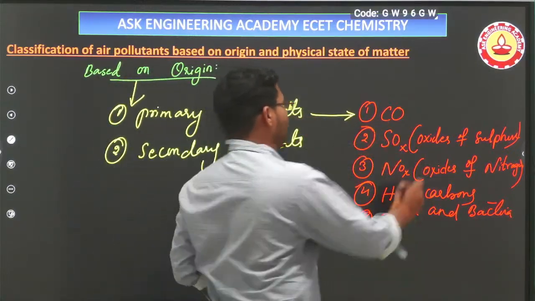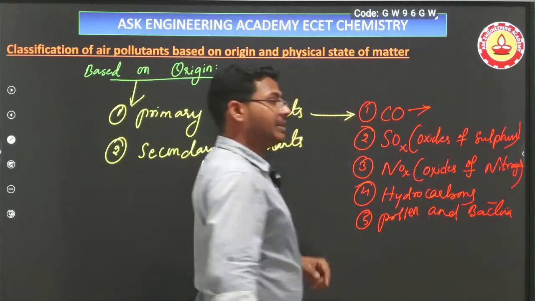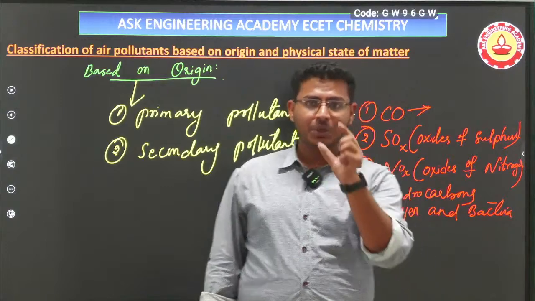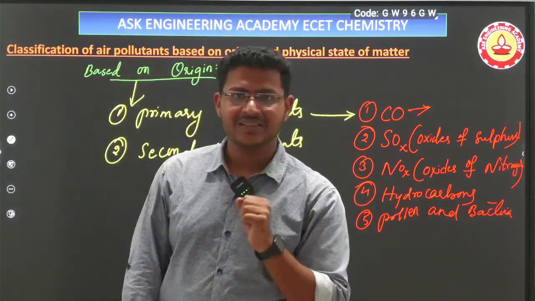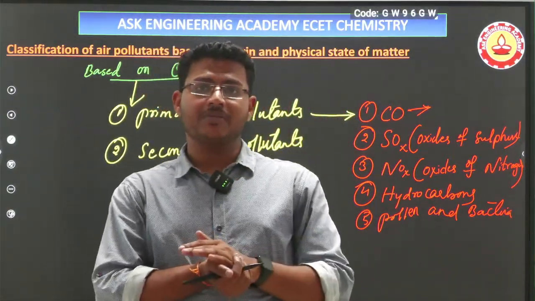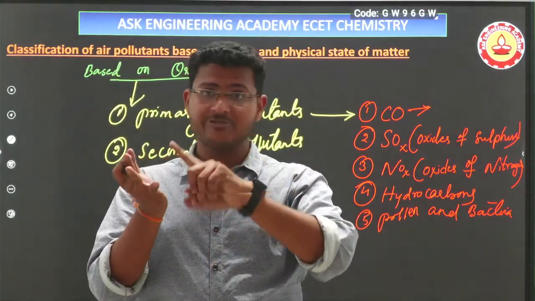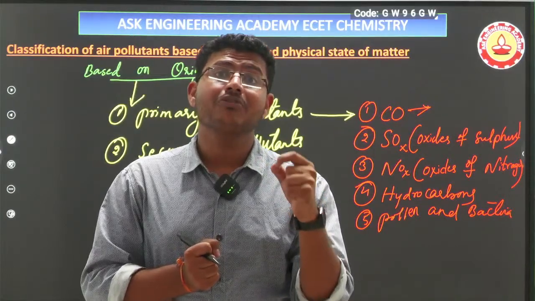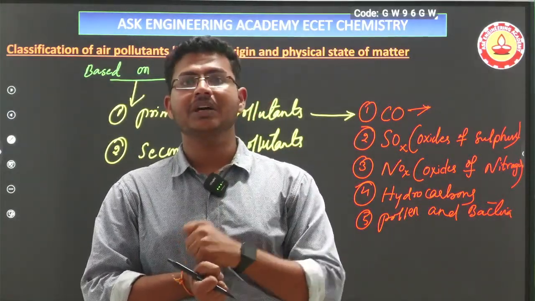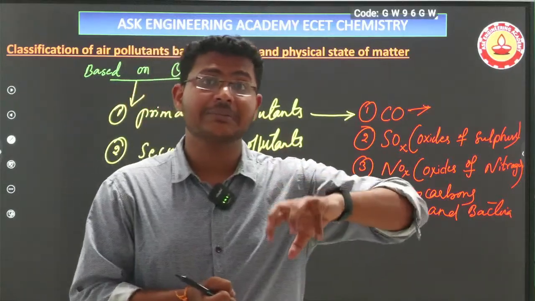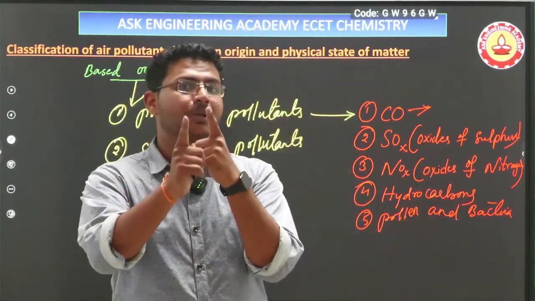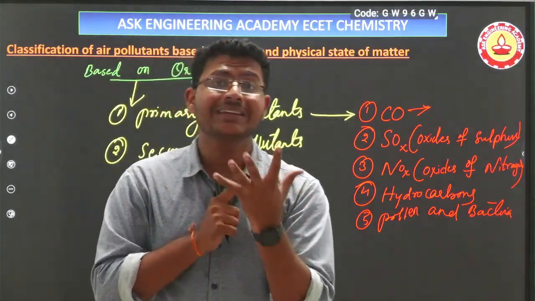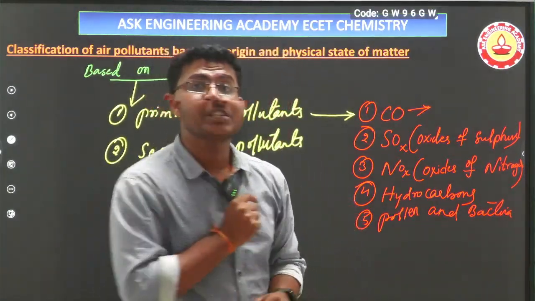First is carbon monoxide, CO. Carbon monoxide is a colorless gas which is generally released from automobiles such as buses, vans and vehicles due to incomplete combustion of fossil fuels. మనం పెట్రోల్ డీజిల్ వాడుతుంటాం కదా, అవి కంప్లీట్గా బర్న్ కాకపోతే కార్బన్ మోనాక్సైడ్ రిలీజ్ అవుతుంటుంది. That means carbon monoxide is released into the atmosphere due to incomplete burning or incomplete combustion of fossil fuels such as petrol.